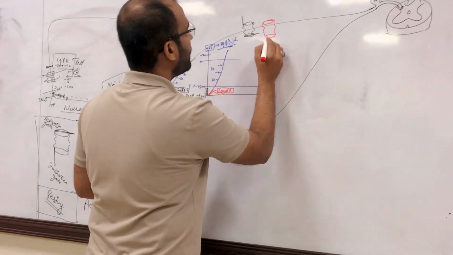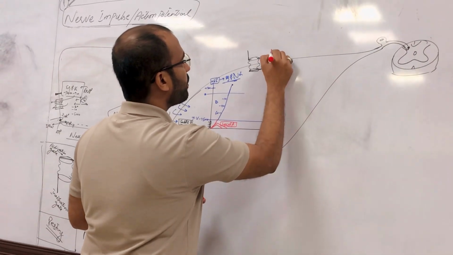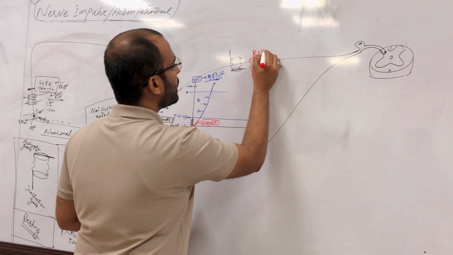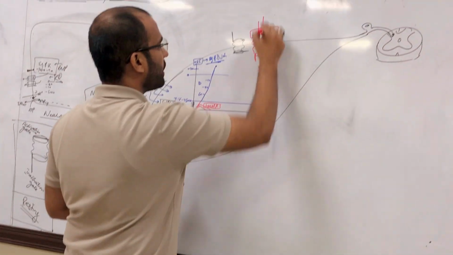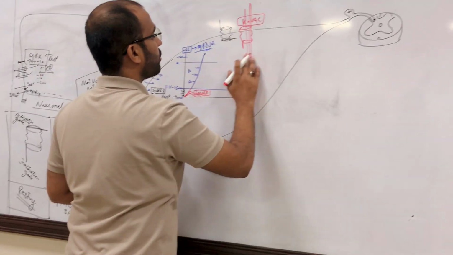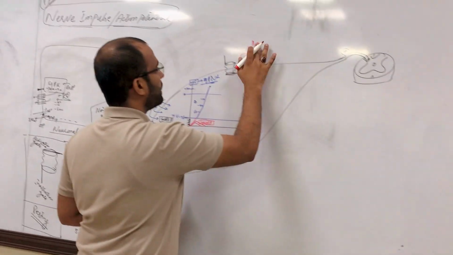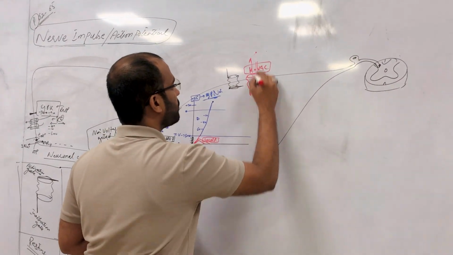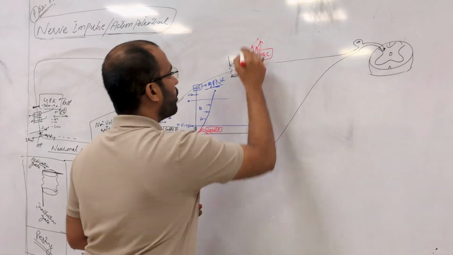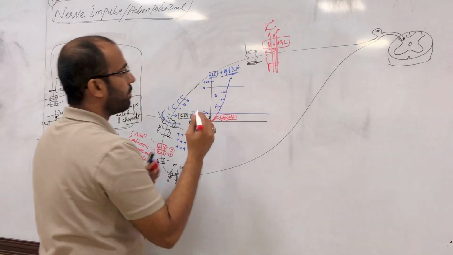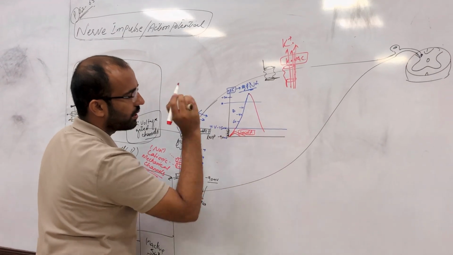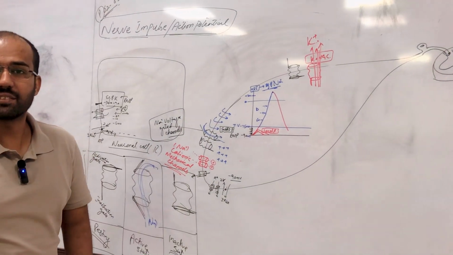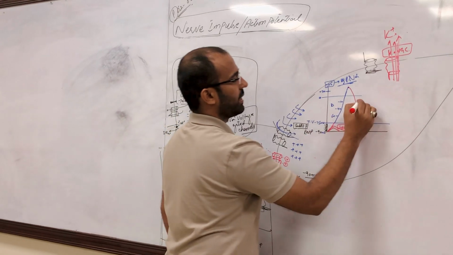These other channels are the potassium voltage gated channels. Potassium will not come inside. Potassium will move outside because it is present inside in greater amounts, bringing the cell membrane again to the polarized state. So we can say the cell membrane is repolarized.